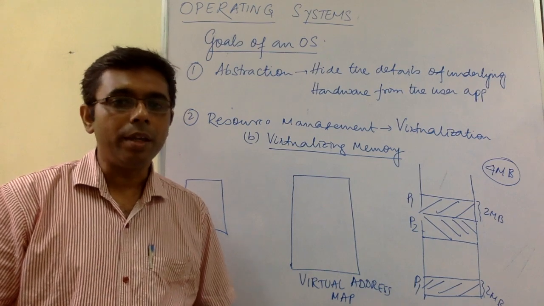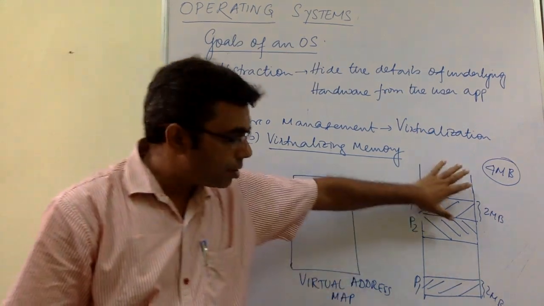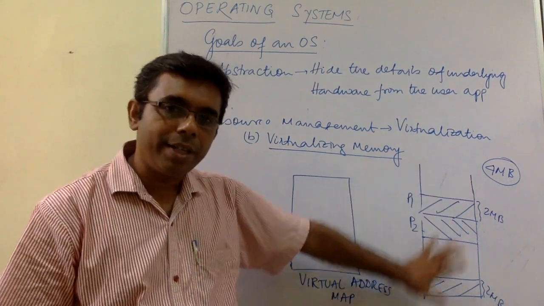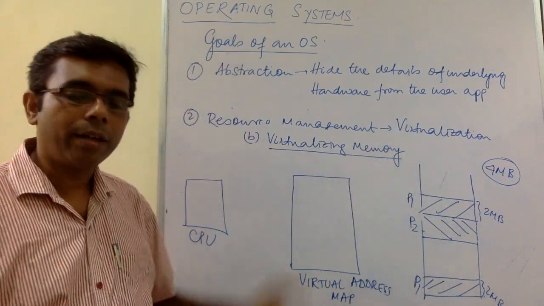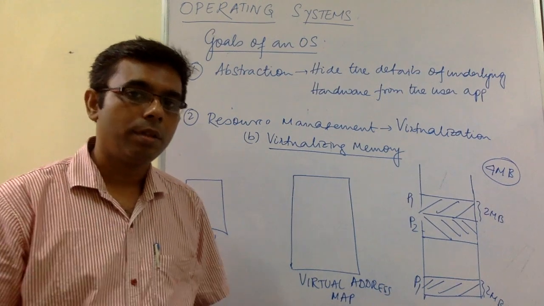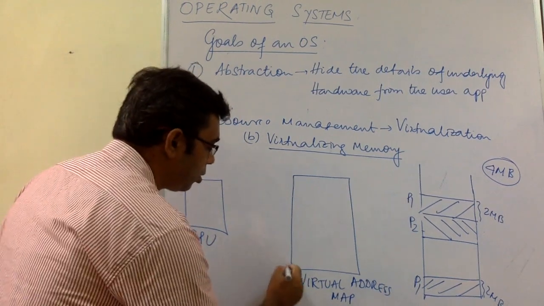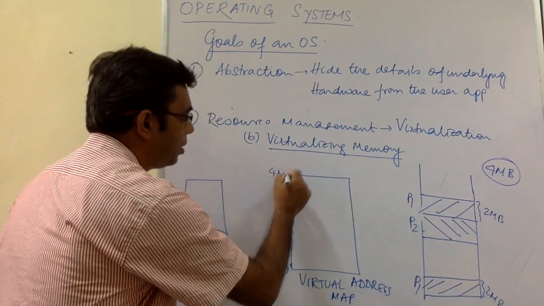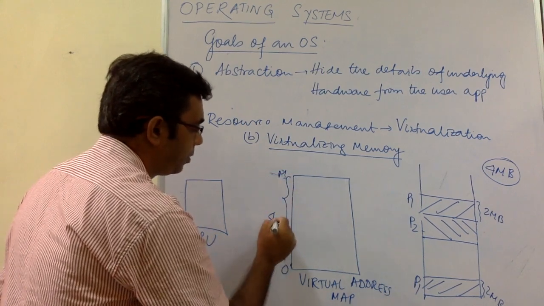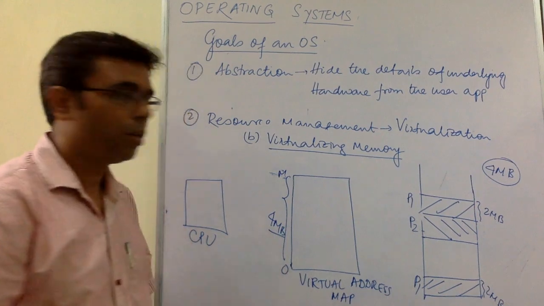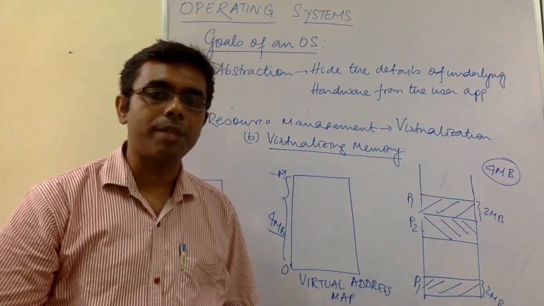Our technique could be that we let these chunks sit in the physical memory as they are, but we create a virtual view of that, which will be contiguous. And this entire 0 to, let's say, 4 MB is the process size or the program size.